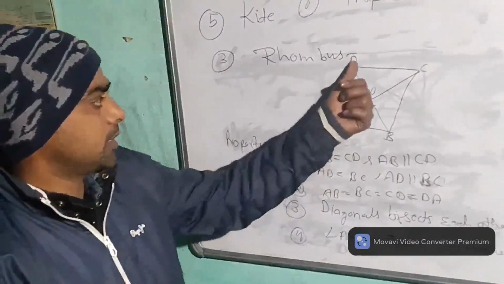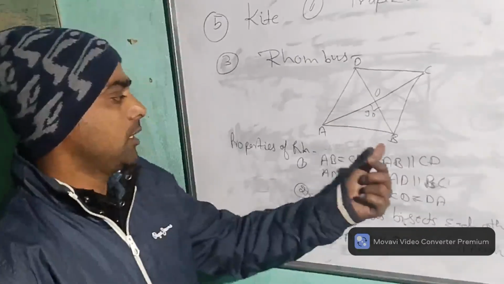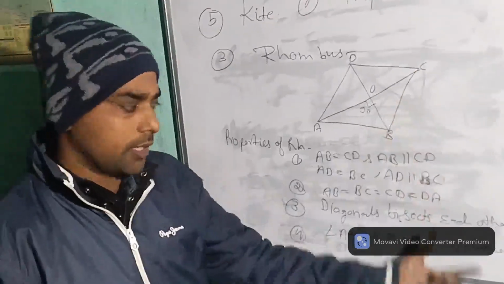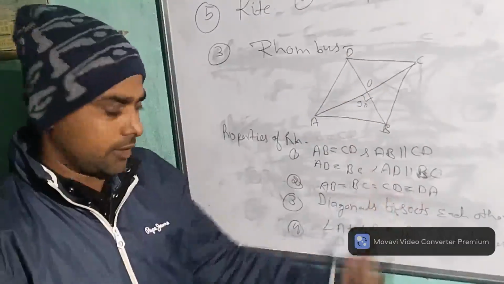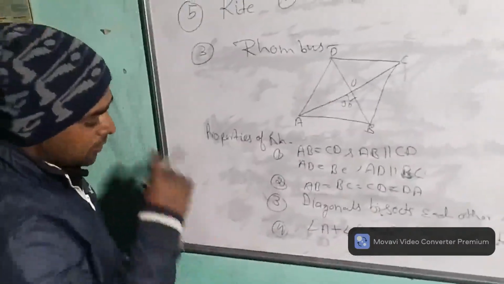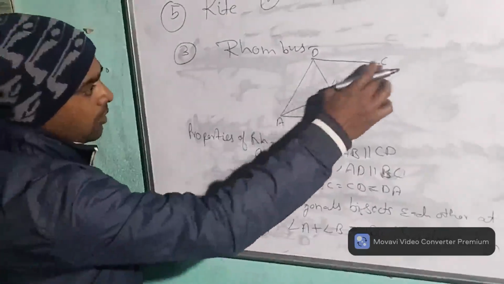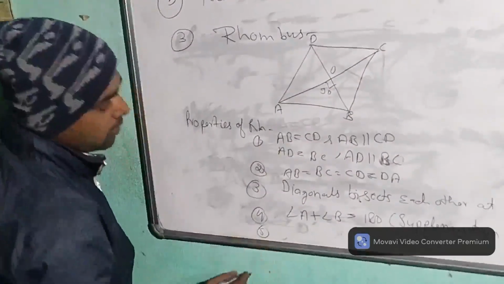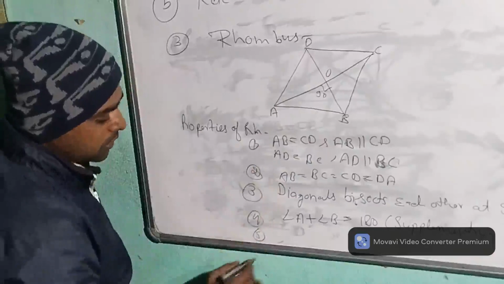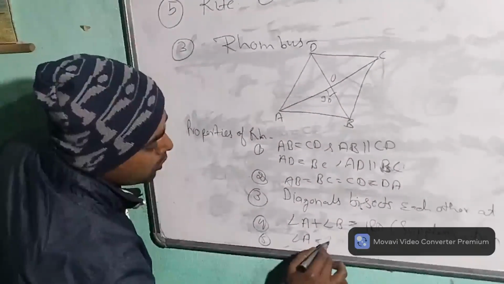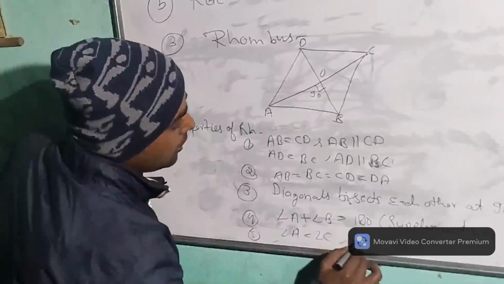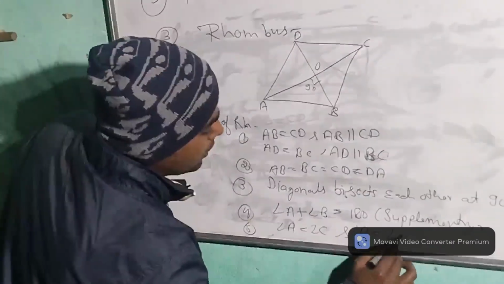Angle A plus angle D equals 180, B plus C is 180, C plus D is 180. And fifth one is opposite angles are equal, that is angle A is equal to angle C and angle B is equal to angle D.